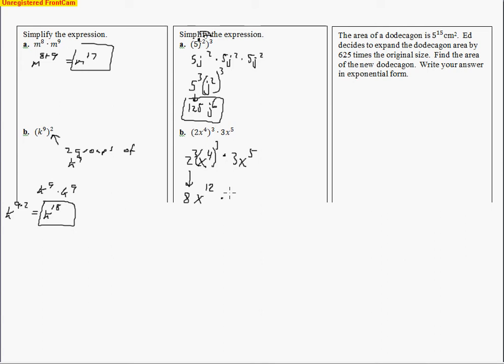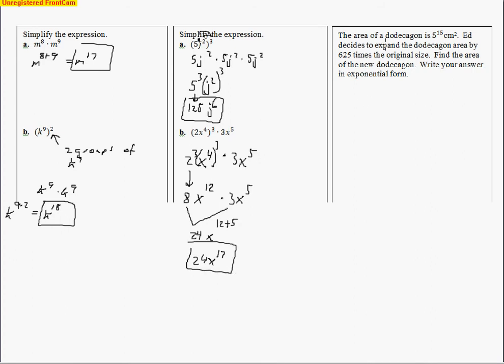And then we're going to multiply 3 times x to the 5th. So we multiply the 2 coefficients, that makes 24, and then we count up how many x's we have. We have 12 x's, and 5 x's makes 17 x's altogether. So 24 times x to the 17th power.